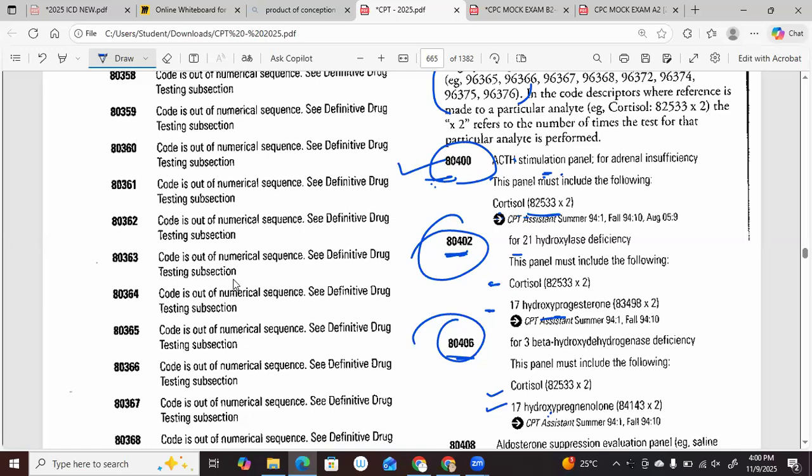Ma'am, 17-hydroxyprogesterone is different than 17-hydroxypregnenolone.